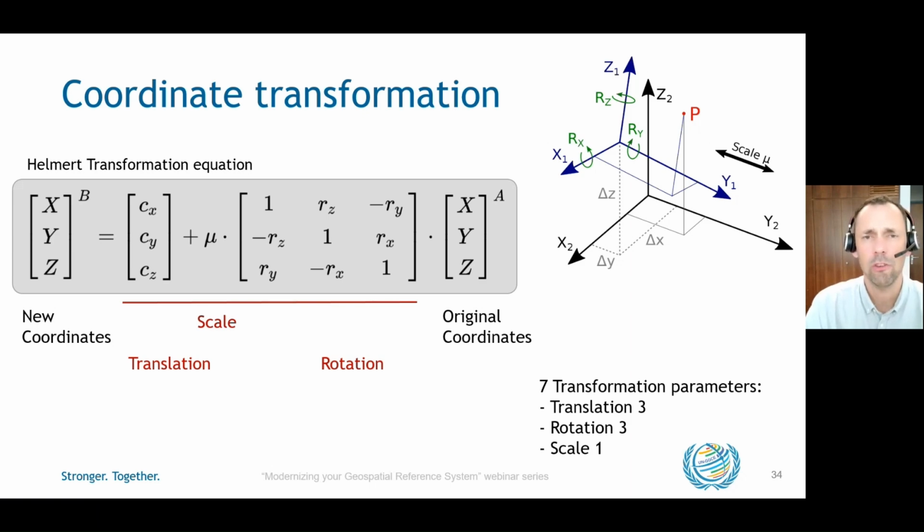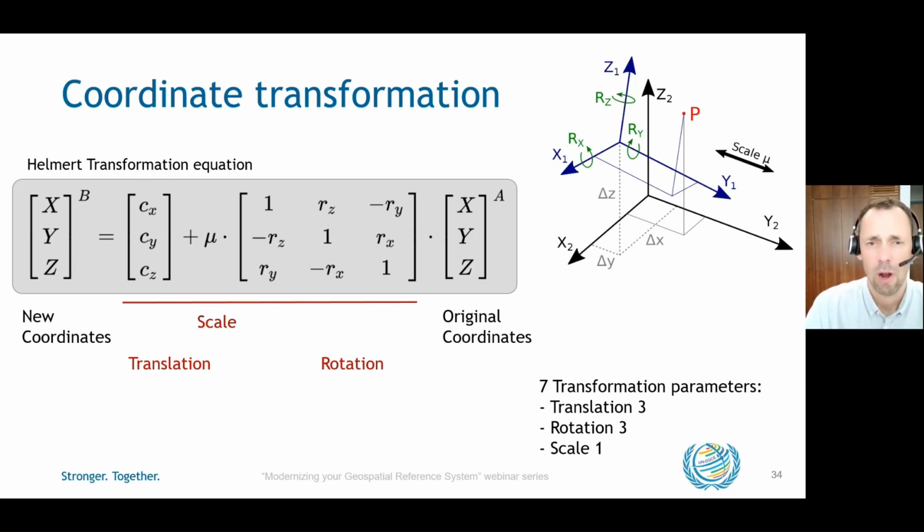The point's new x, y, z coordinates in the vector b on the left-hand side of the equation result from the original coordinates of vector a on the right-hand side of the equation plus the transformation parameters. These are given through a rotation matrix containing 3 parameters related to each axis, a translation vector with another 3 parameters, one for each of the 3 coordinate components, and a coefficient μ for taking into account the different scale of the two different datums.